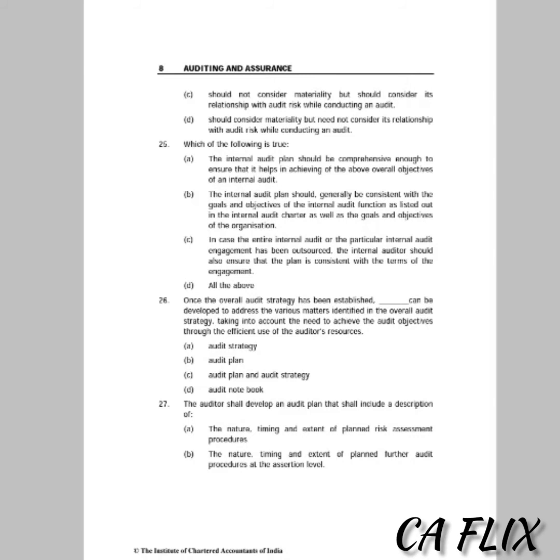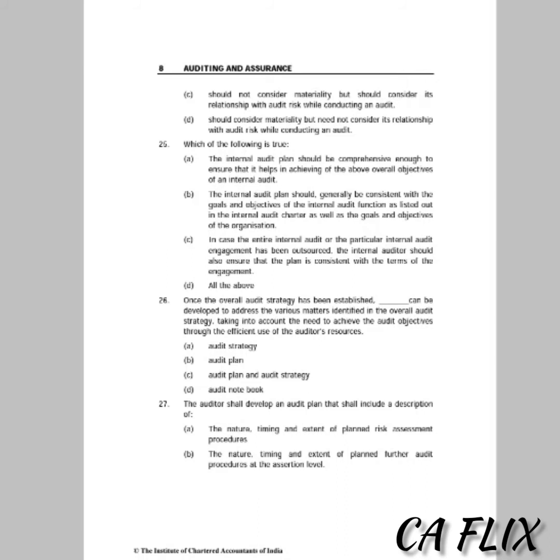Answer is option D, all of the above. Which of the following is true? Internal audit plan should be comprehensive enough to ensure that it helps in achieving the above overall objective of internal audit.